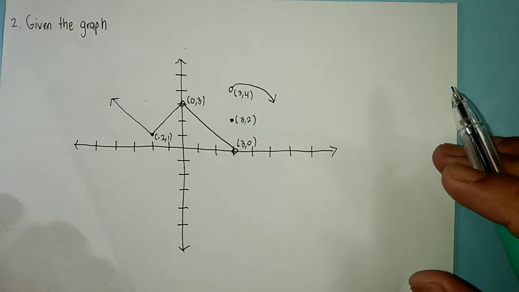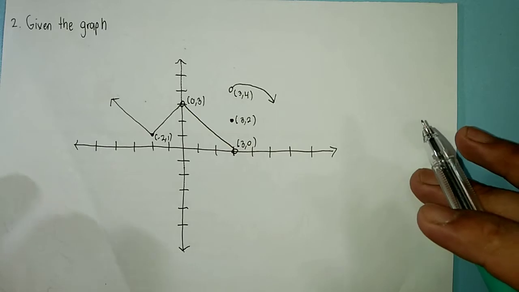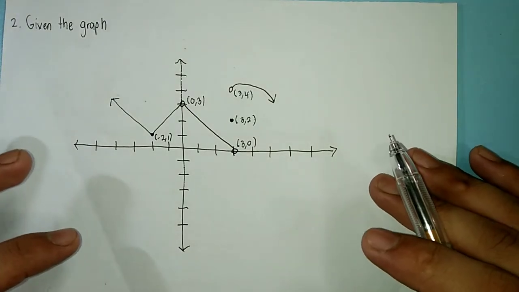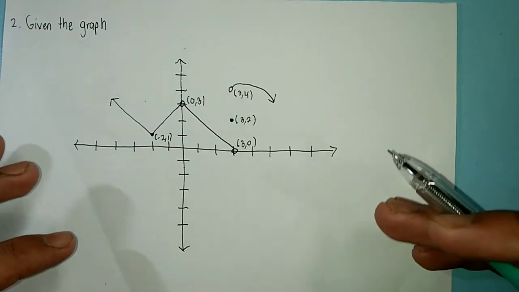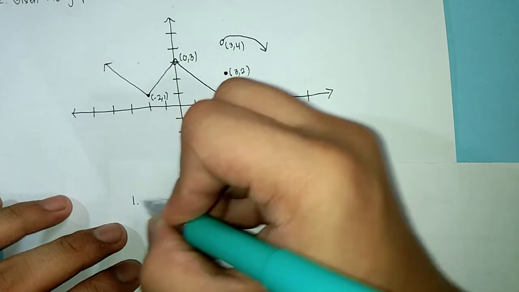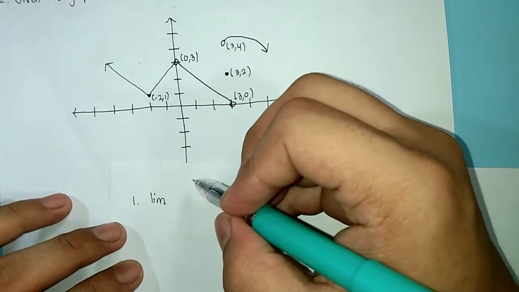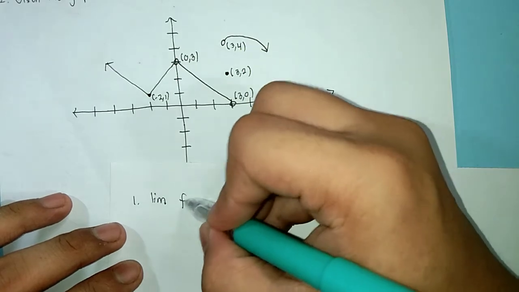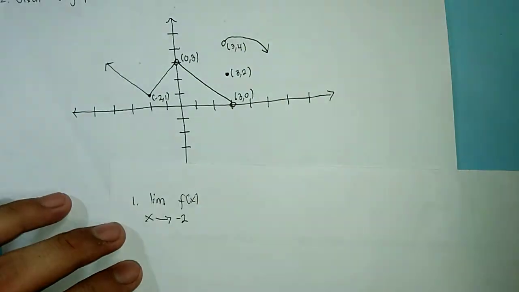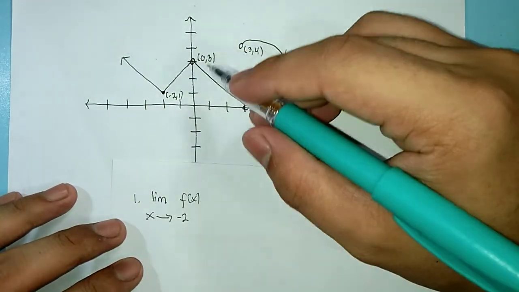Now, given this graph, let's find the limit of each function. When the graph is given, we can get the limit by inspection. For example, let's first find the limit of f of x as x approaches negative 2. Let's say this is the graph of f of x.